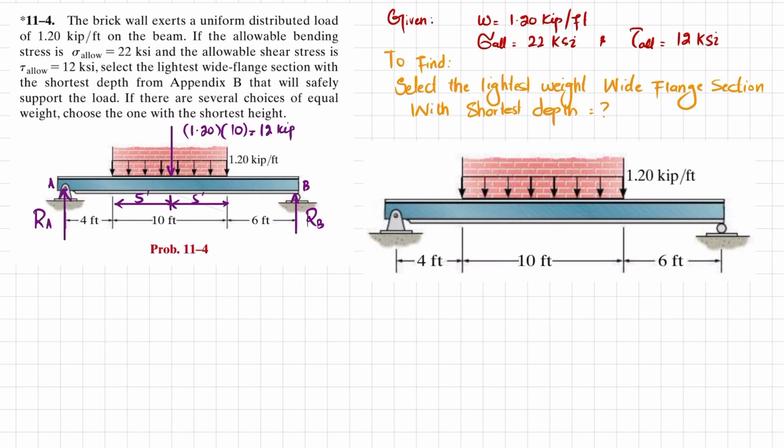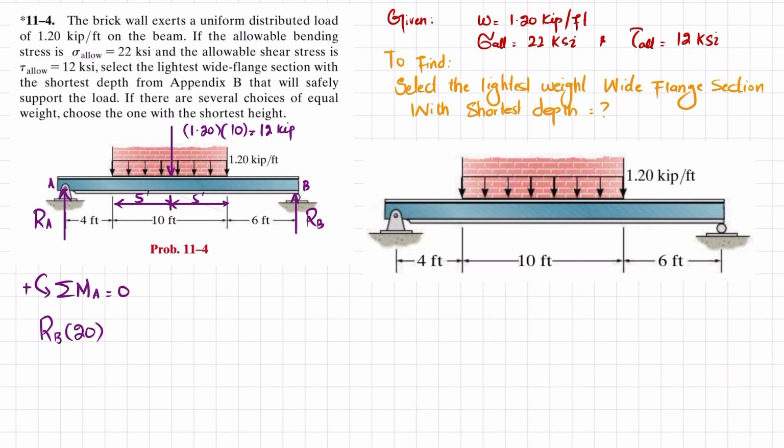For that we will apply the equilibrium condition that the sum of all moments about point A is equal to 0, taking the counterclockwise moment as positive. About point A, one force is RB, and the perpendicular distance is 20 feet. It produces a counterclockwise moment, so it is positive: RB into 20.